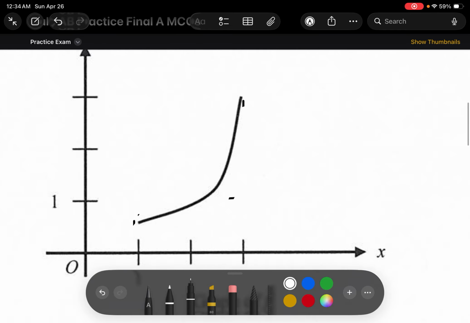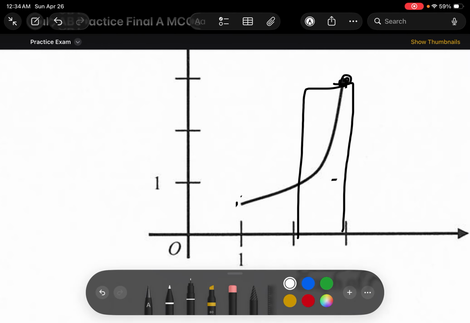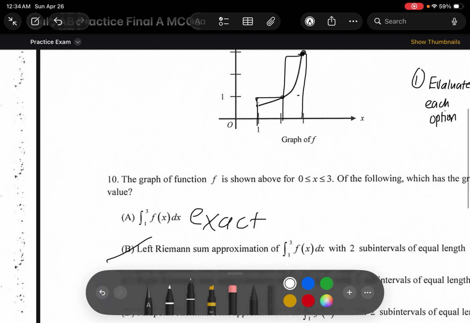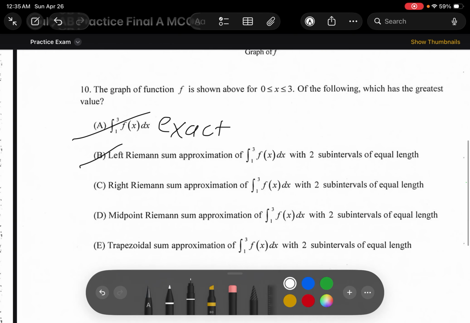So we're going to start here, and this is basically saying the height of 3 controls the height of 2, because the right controls the height. And that's our area. And now we're going to go from 2 to 1. What is the height at 2? This is the height at 2. This controls the height of 1, meaning this is an over approximation. So that gets rid of option A, since this has a higher value of area.